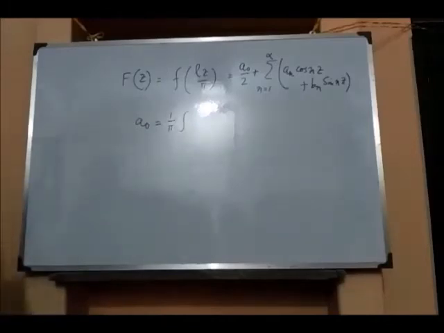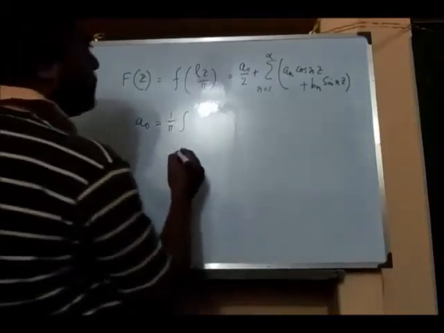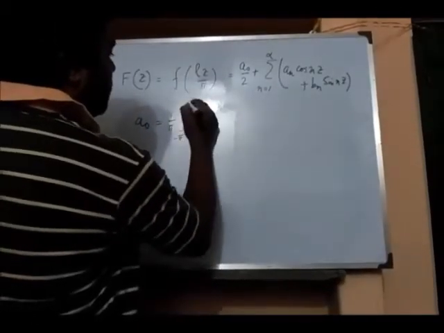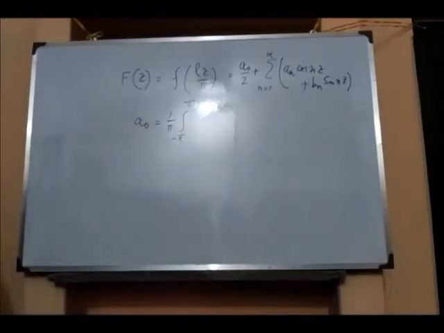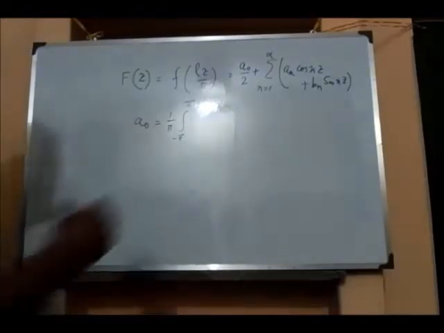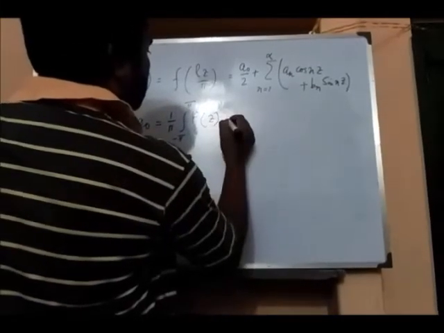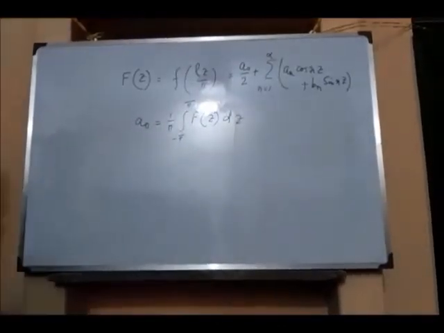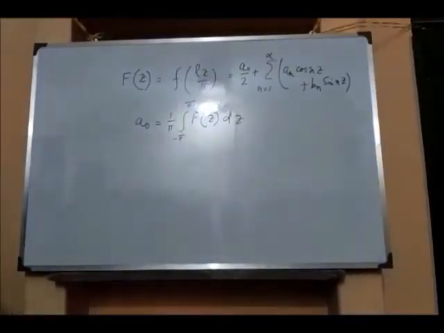So the value of integration changes, as this is an interval of twice L, so I can use minus pi to plus pi of F(z) times dz.